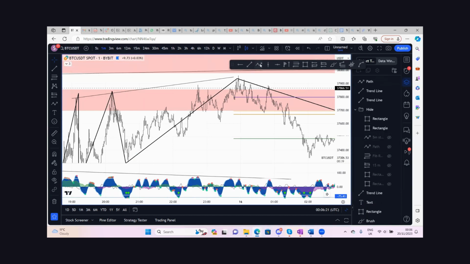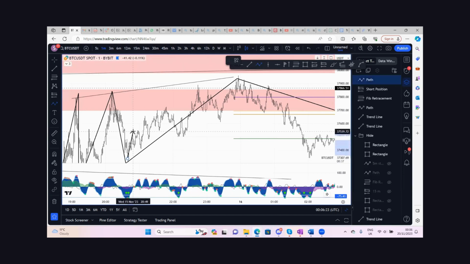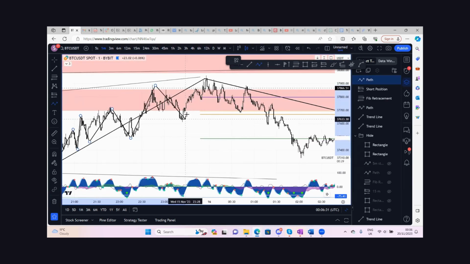On the 1 minute time frame, we've got higher highs, higher lows, coming all the way up to our point of interest. Remember, we've already marked out this point of interest using the daily supply zone, as well as the trend line at the top of our bull flag.